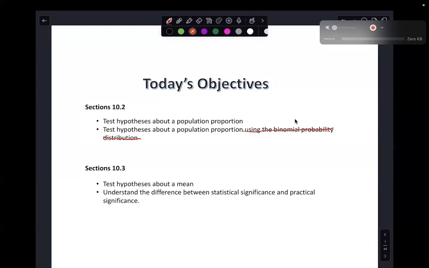I decided that it is not taking away from your knowledge or making it so that you can't do things if we don't use that method, because it would be just giving you another method. So we're just not even going to do it. We're just going to do regular hypothesis testing with p-values and z-scores. That's it. And we're not going to do the binomial.